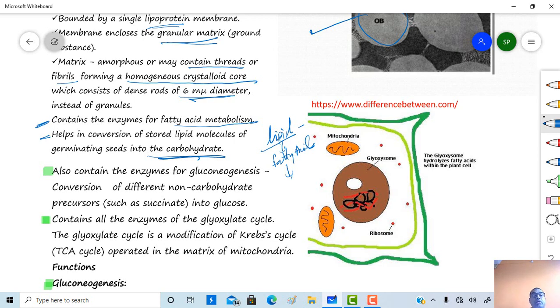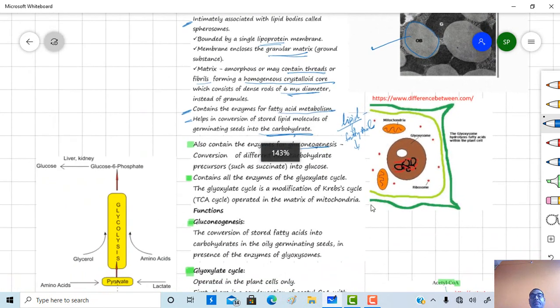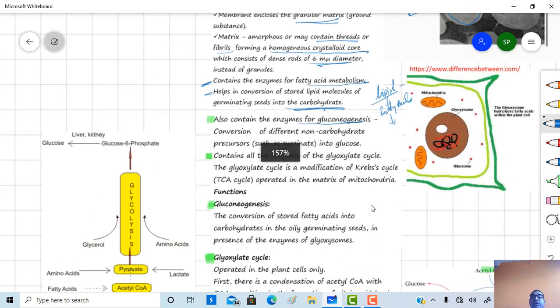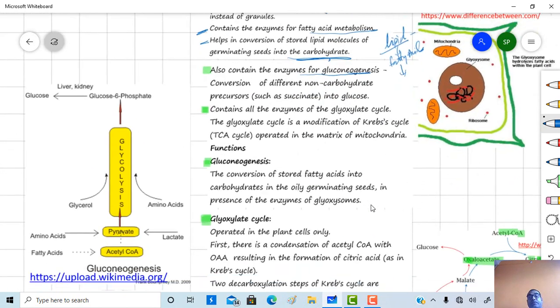So these glyoxysomes are present in the oily seed and they play an important role in the germination of the seed. Okay, it also contains the enzymes for gluconeogenesis. What is gluconeogenesis? The conversion of different non-carbohydrate precursors into glucose.